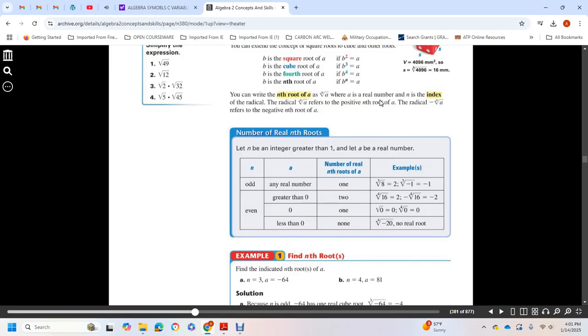If n is even and a is 0, the number of real nth roots is 1, which is 0. If n is even and a is less than 0, there are no real nth roots.